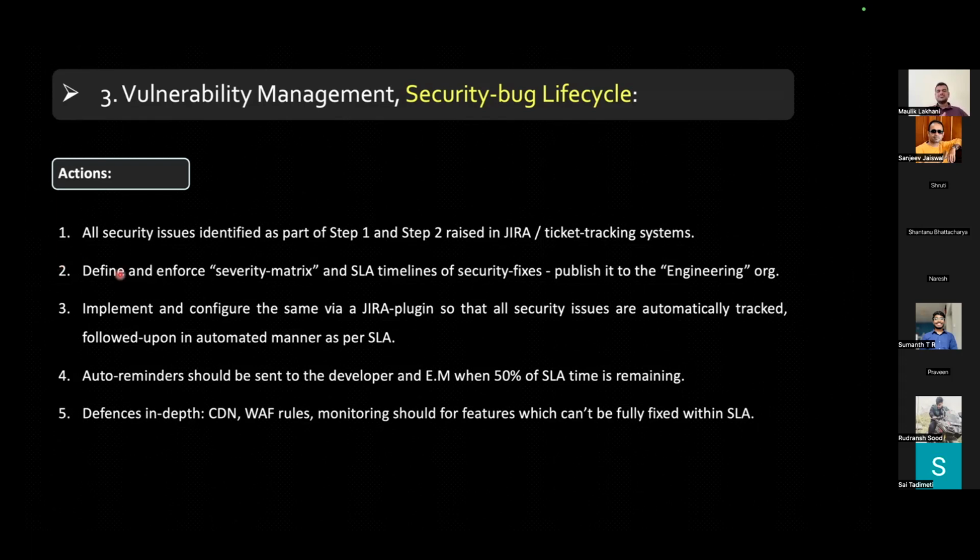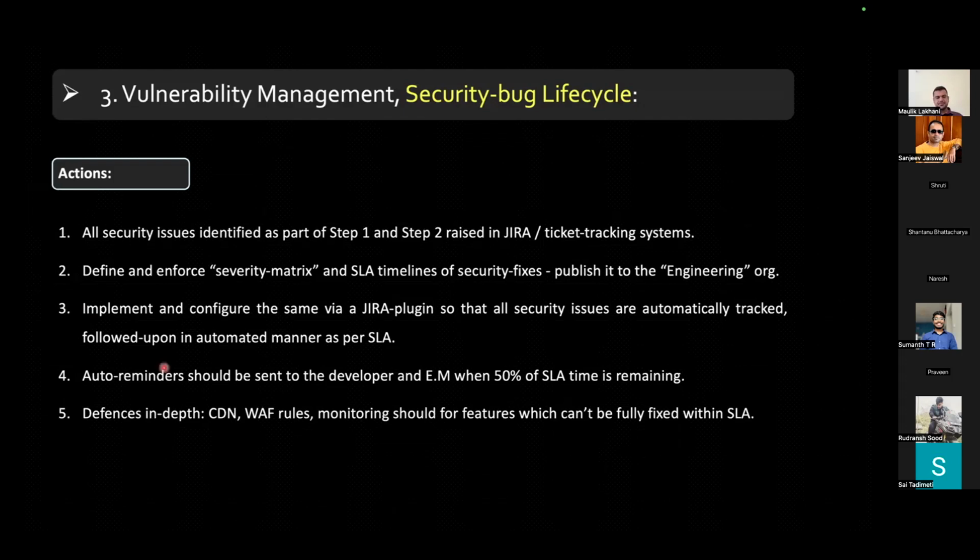And you will publish that severity matrix and SLA to the engineering org, and whatever security issues you have created in terms of Jira ticketing or any other ticketing tool, you will define that severity matrix and SLA timeline in that Jira project. You will have maybe an auto third party plugin. So it sees the severity and it sees the environment such as production and stage, and it will start automatically performing a countdown of SLA saying that okay, this many days are remaining.